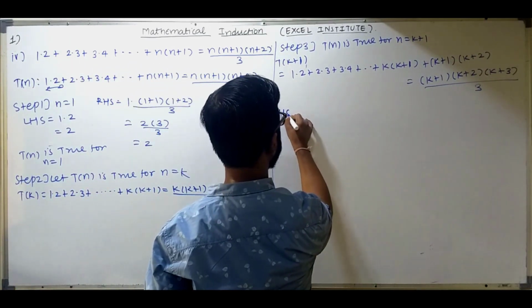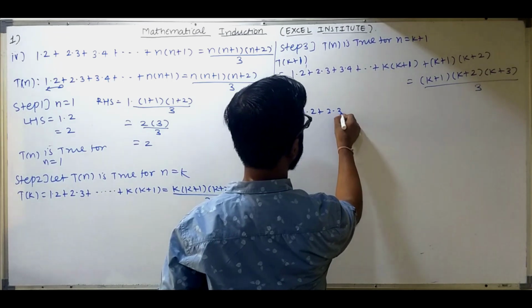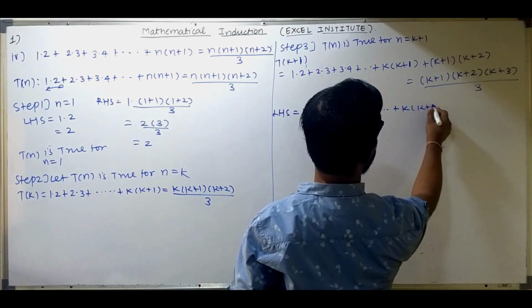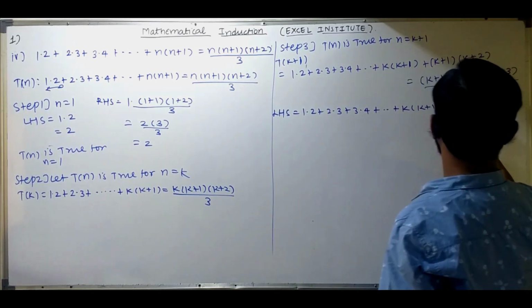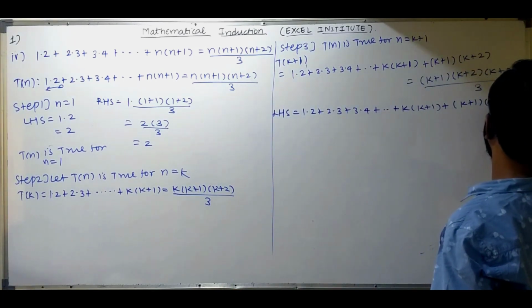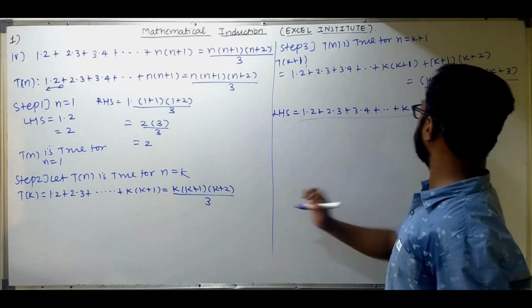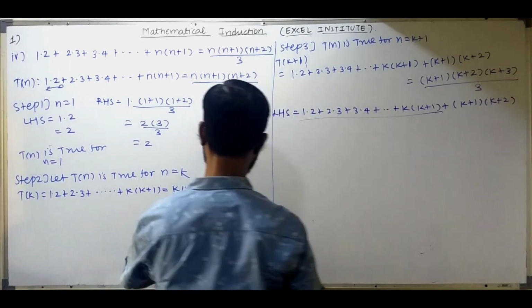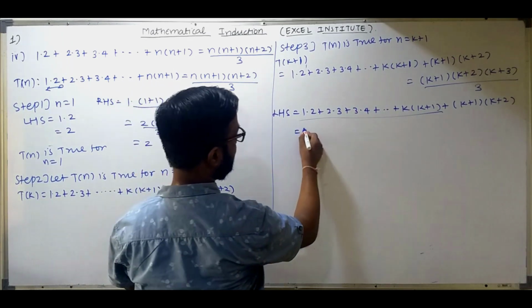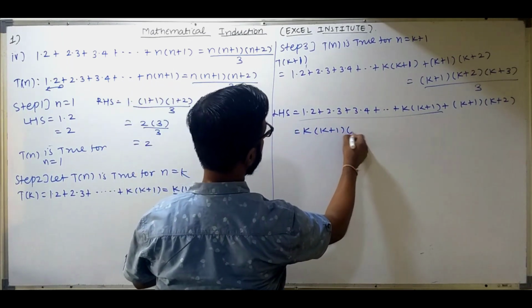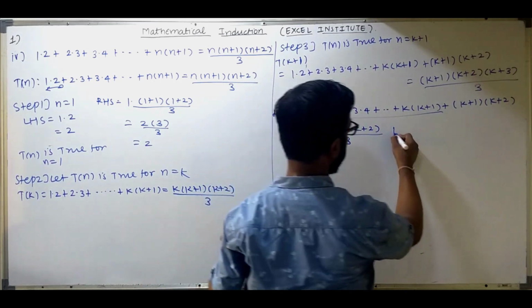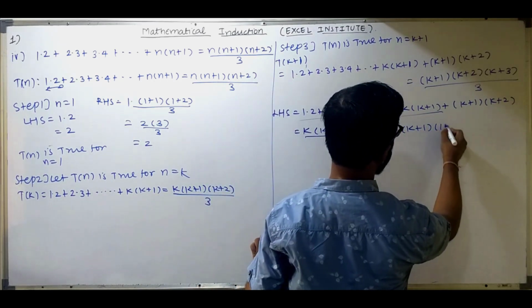Left hand side: 1 into 2, 2 into 3, 3 into 4, up to k into k plus 1, plus k plus 1 into k plus 2. But what is this from step 2? This is nothing but k into k plus 1 into k plus 2 by 3, plus k plus 1 into k plus 2.